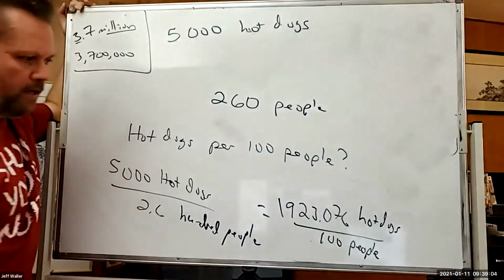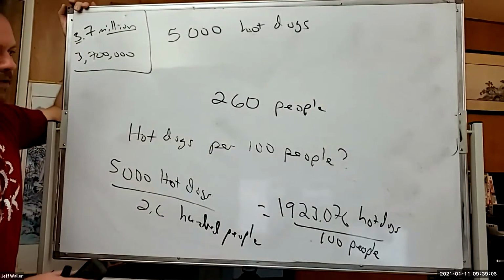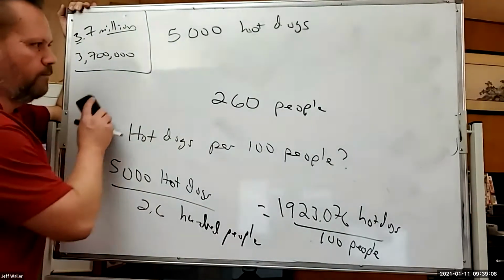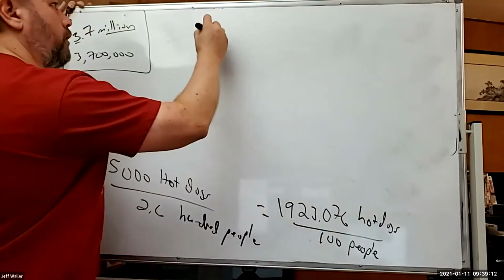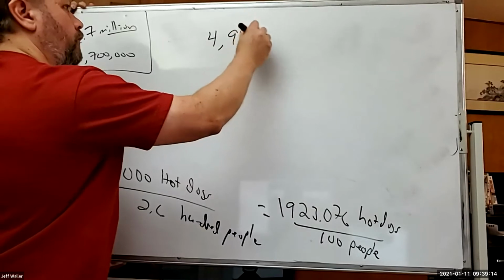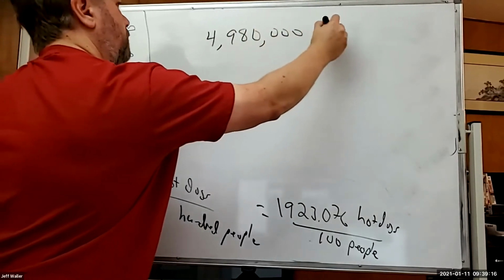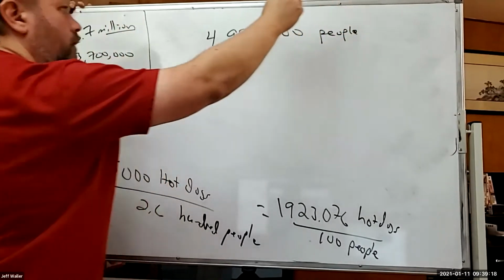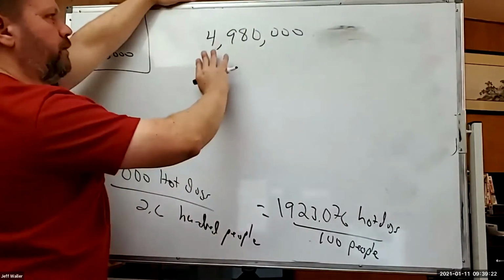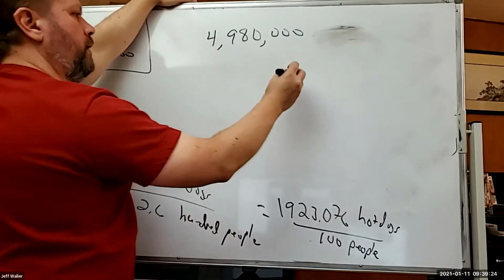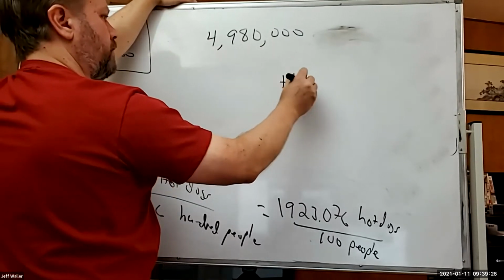I didn't see that. What was I about to do? I forgot. Oh, yeah. Let me give you a different example. If I said there were 4,980,000 people, how many thousands is that?